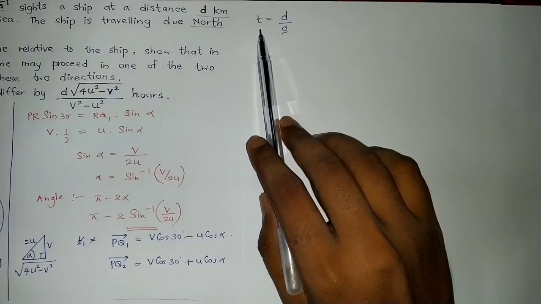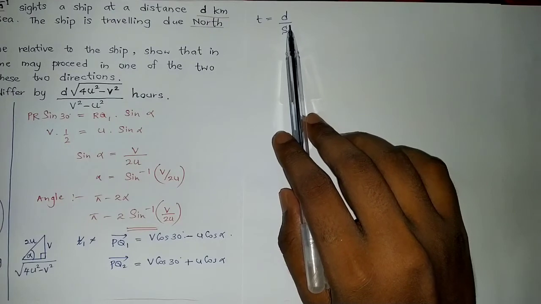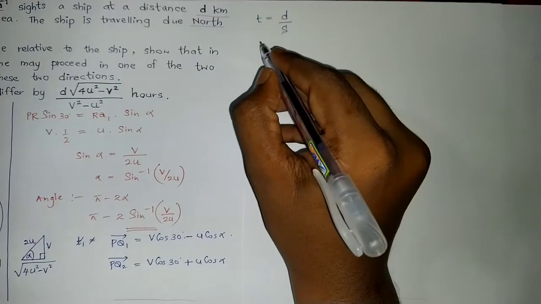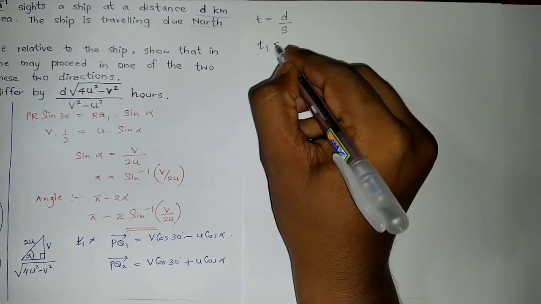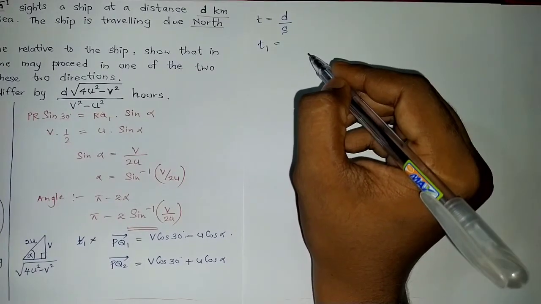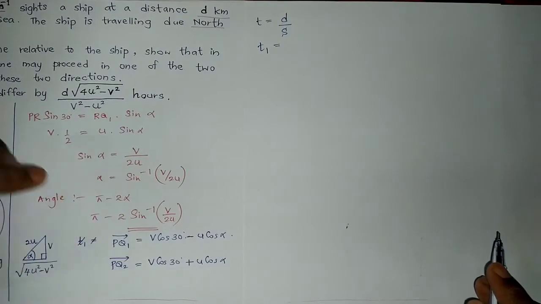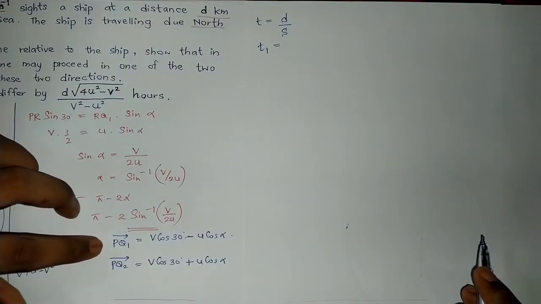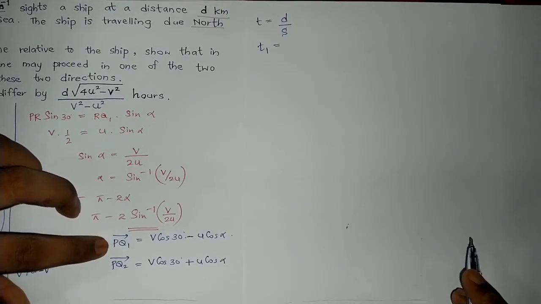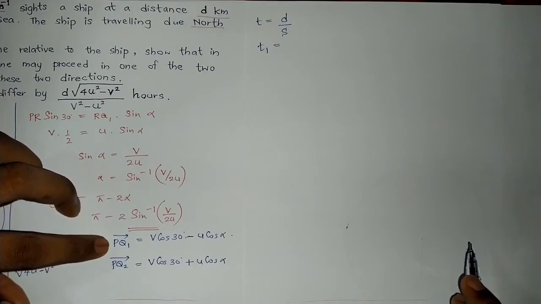Now we know that time is equivalent to distance divided by speed. So let me take t1 as the time taken by the submarine to travel in its first direction, which is PQ1. The speed is PQ1.